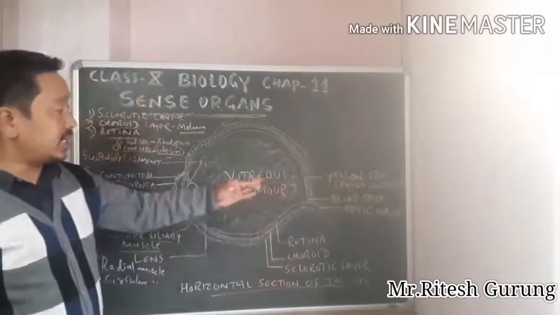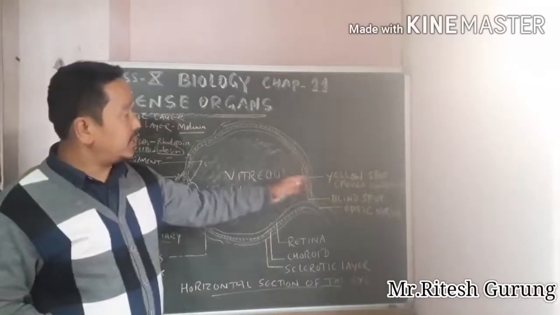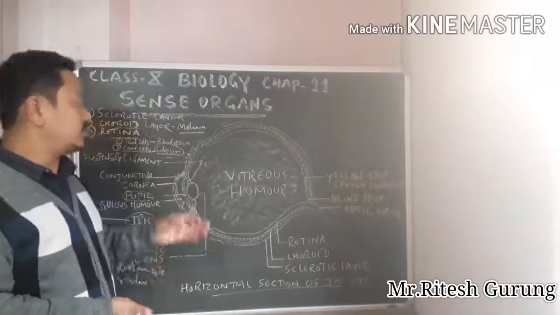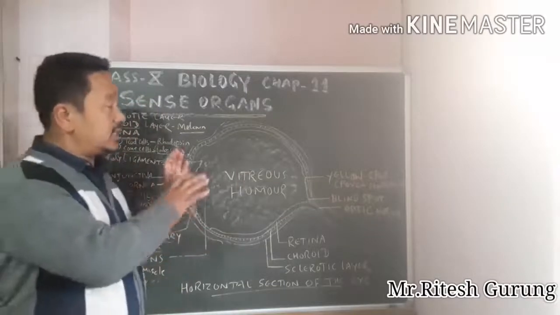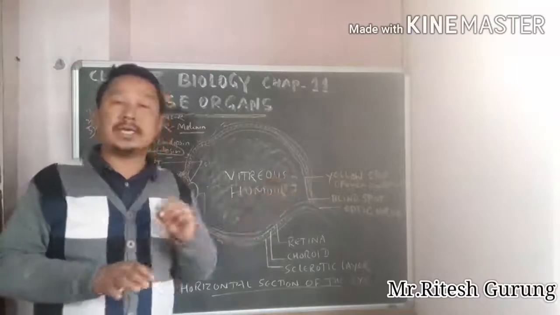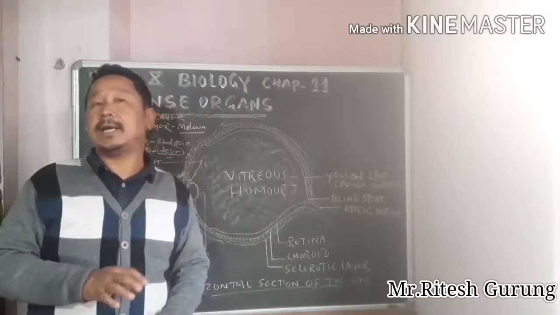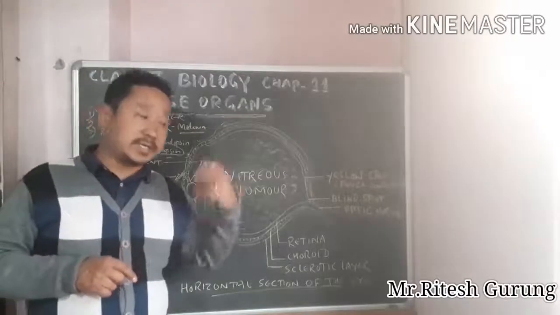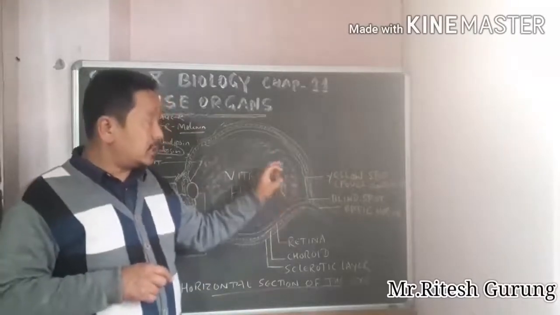As I was telling you, this is the place where the best vision is formed. As a whole, the image is formed on the retina, but the image formed on the retina is inverted and real.